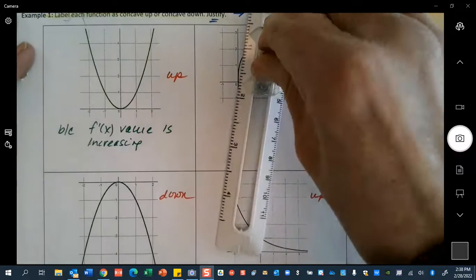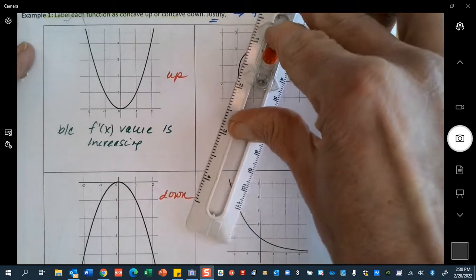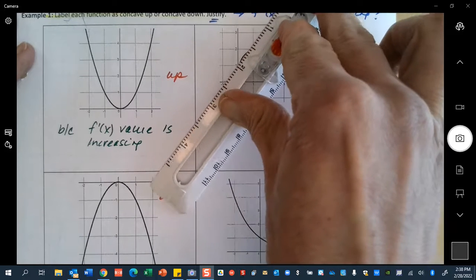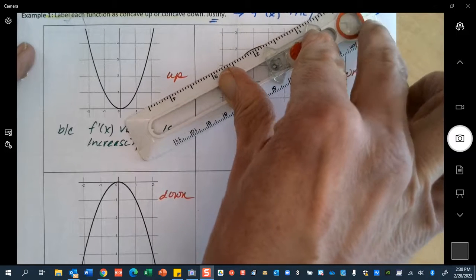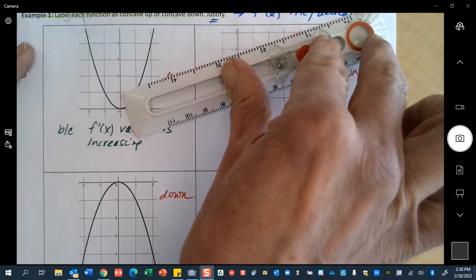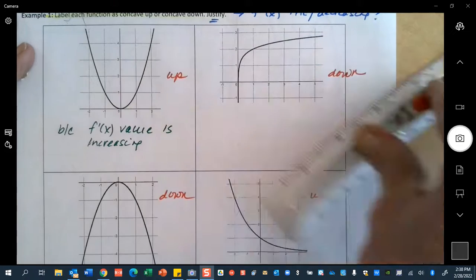When I look at this one, I already have a positive function, but isn't it interesting? My slope of my tangent line is always positive, but do you see how it goes from being steep to flat? And it's going flatter and flatter, approaching 0.